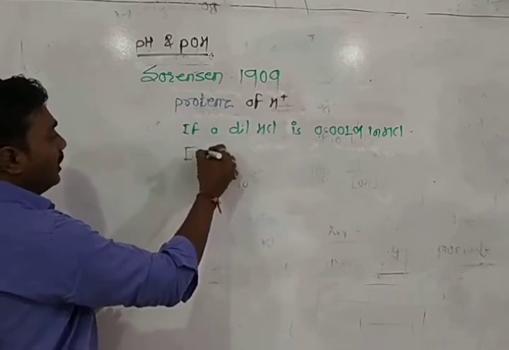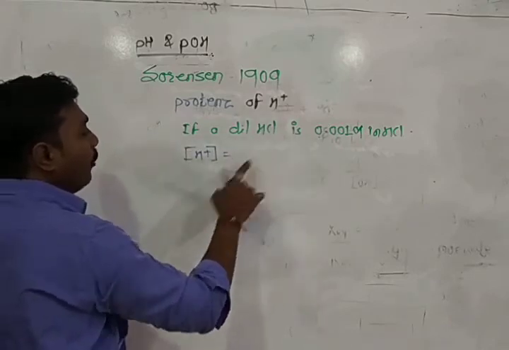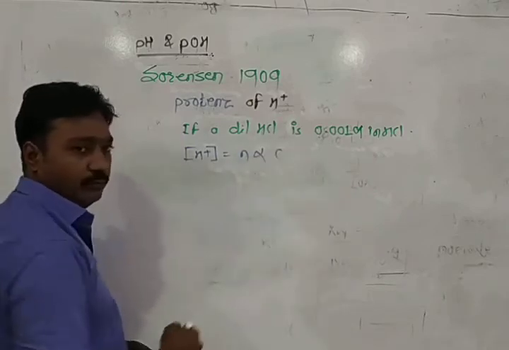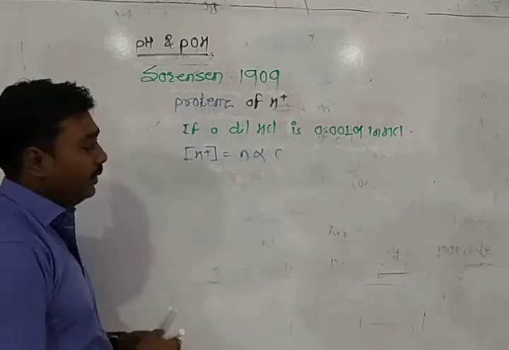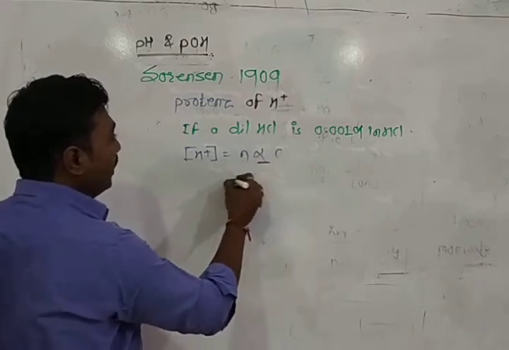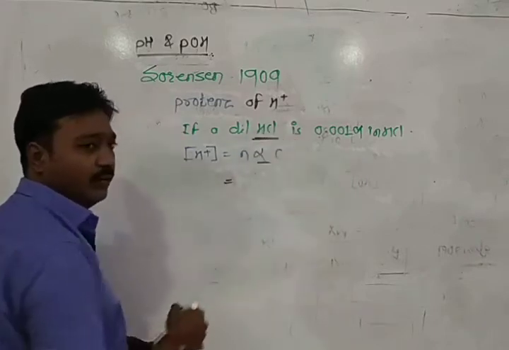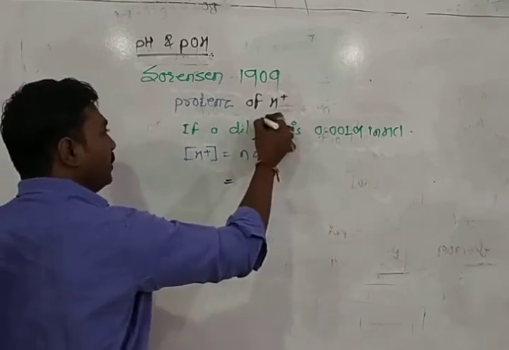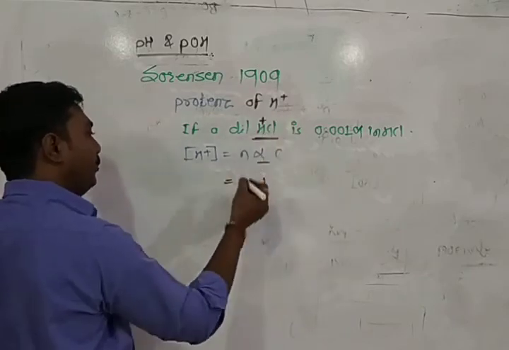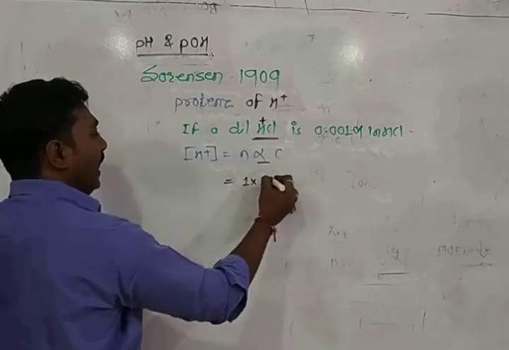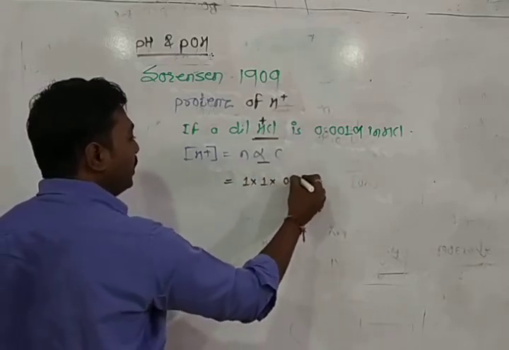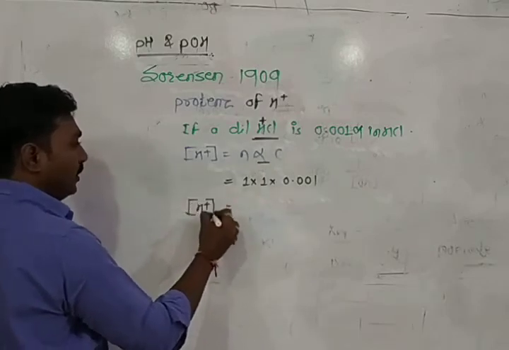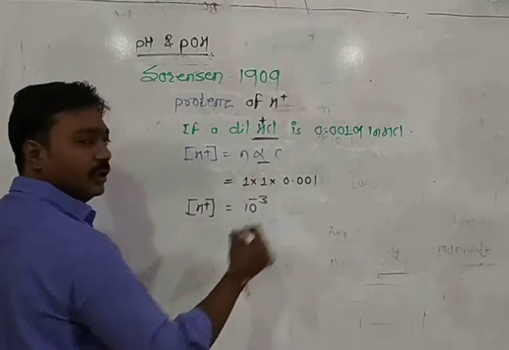We have the formula for the concentration of H plus as N alpha C, where alpha is the degree of dissociation. Is HCl a strong acid or a weak acid? Strong acid. So alpha is 1. In HCl, H plus is 1, so its basicity is 1, and the concentration is 0.001. So the concentration of H plus is 10 to the power minus 3.